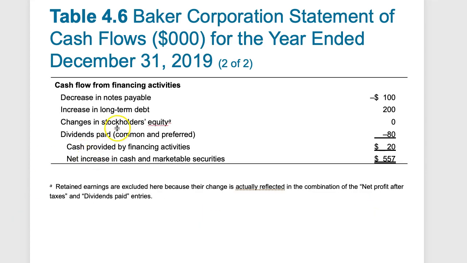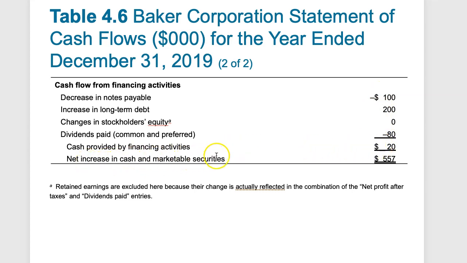When we look at our cash flow from financing activities, we had a decrease in notes payable, an increase in long-term debt, zero change in stock equity, and dividends paid. Cash provided by financing activities is only 20. So it's the negative 100, negative 80, and 200 that leaves us a positive 20.